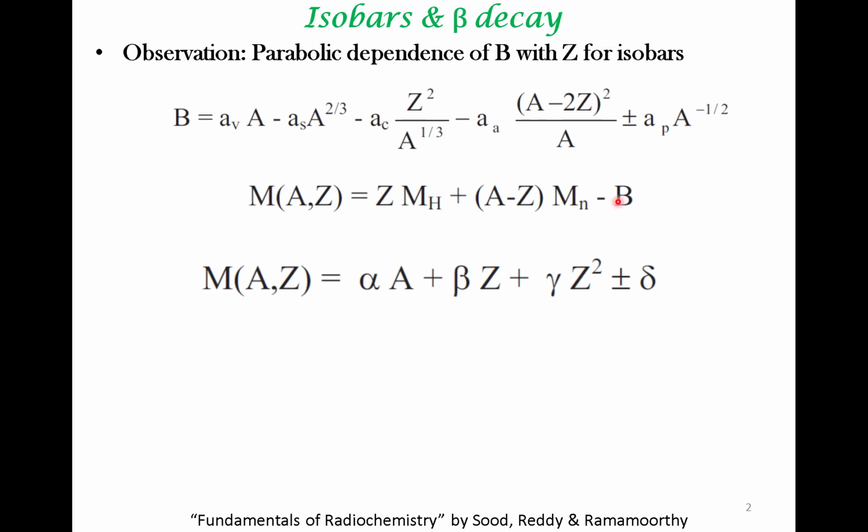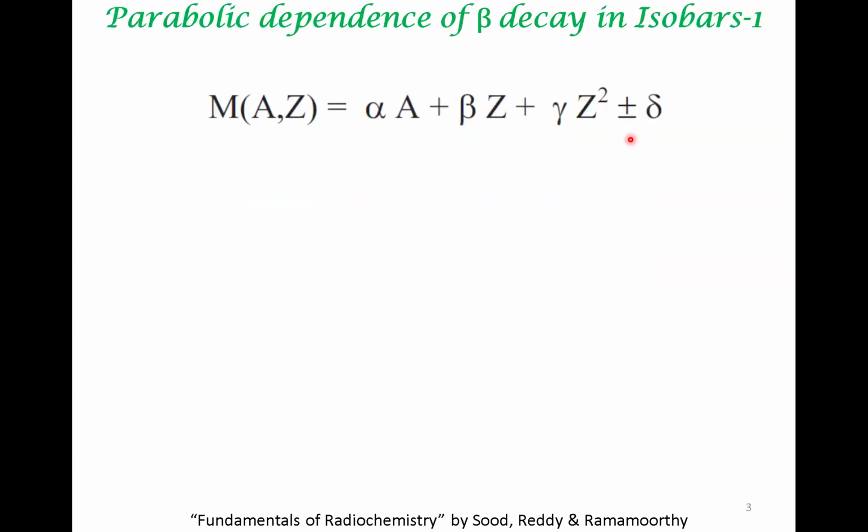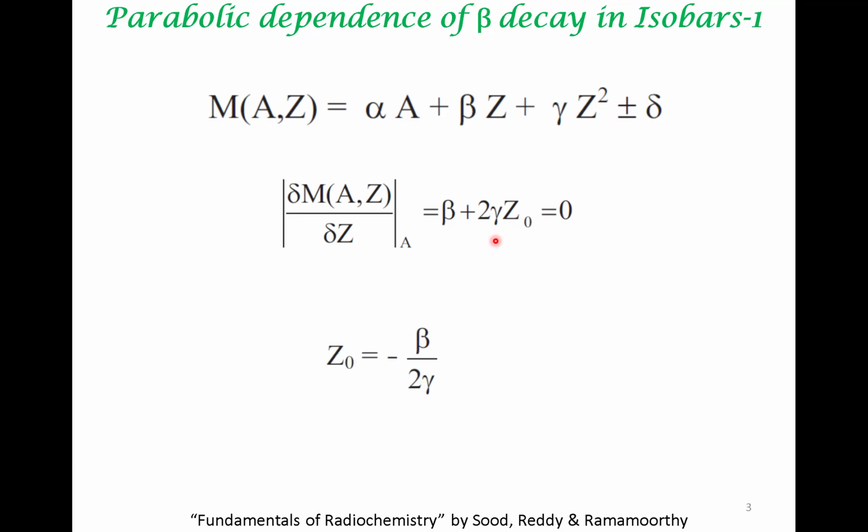So when you have such a dependence, you can differentiate with respect to Z to get an extrema, in this case a minima, and you get this formula. With this, you can also get an expression for which atomic number amongst the isobars would have the least energy.